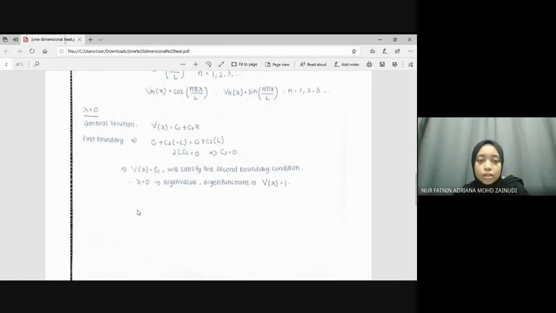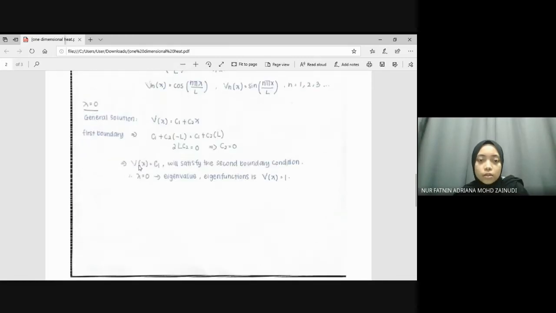So the general solution is then V(x) is equal to C1, and it will satisfy the second boundary condition. Therefore, lambda equal to 0 is an eigenvalue for this BVP, and the eigenfunction for this problem is V(x) equal to 1.